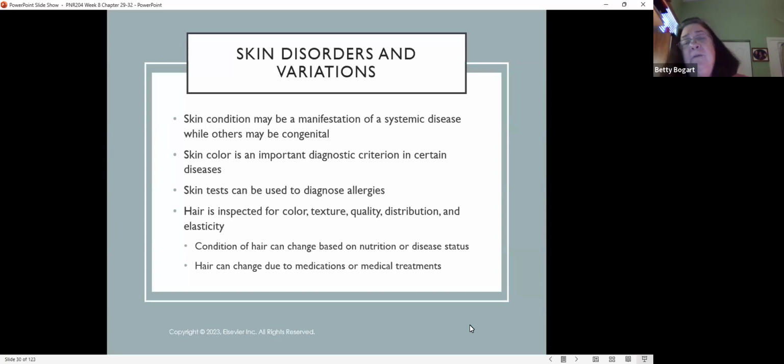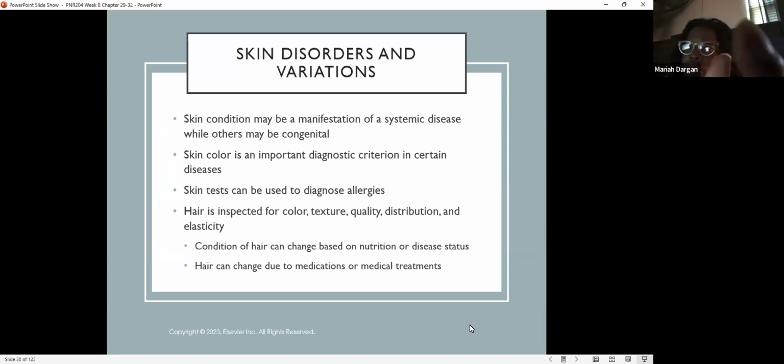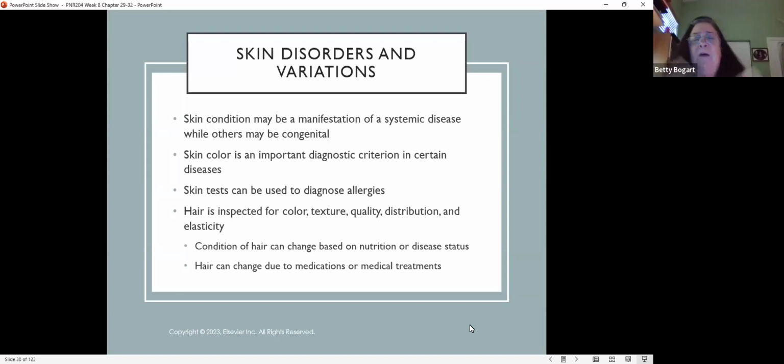Now, sometimes a skin condition can tell you something else is going on. Well, remember I talked about things like Kawasaki, and it's a systemic vasculitis. They get a rash all over, strawberry tongue and lips, right? So it was a skin condition that I'm describing, but it was specific to Kawasaki. We know skin color is really important to look at.